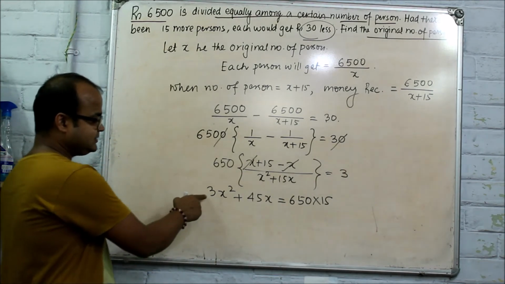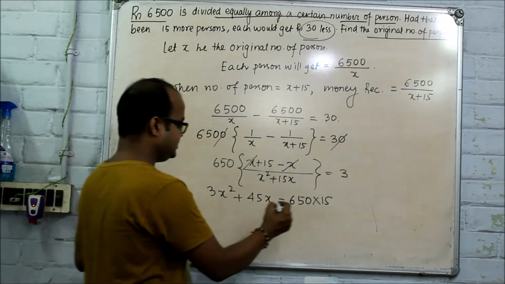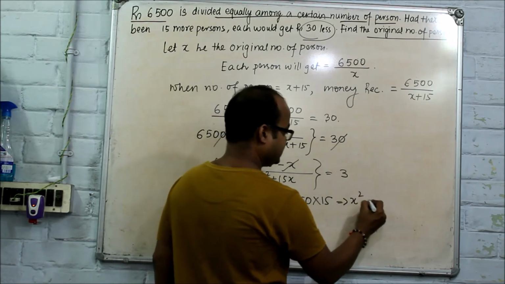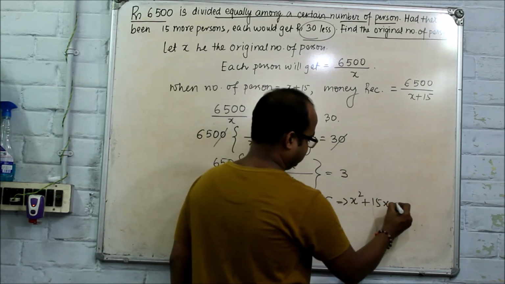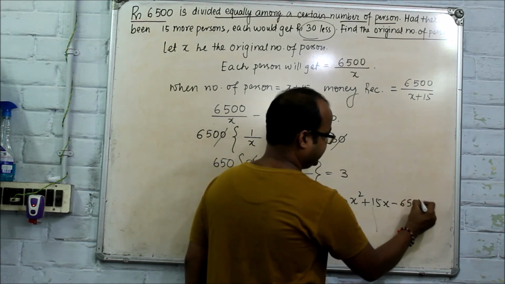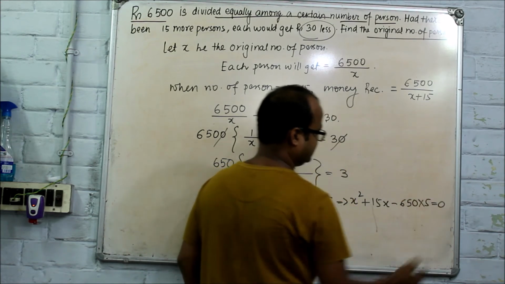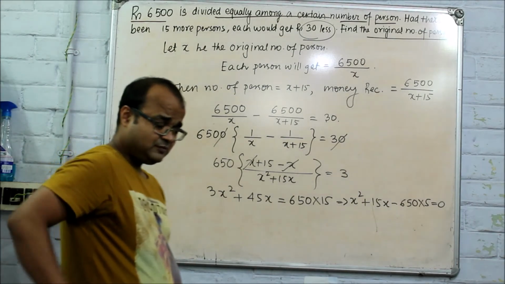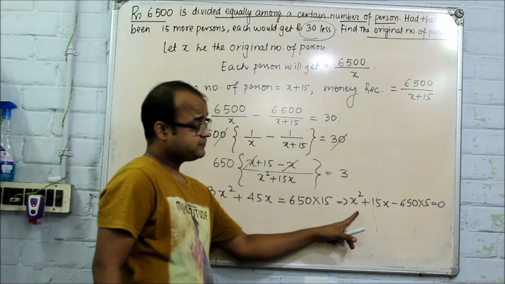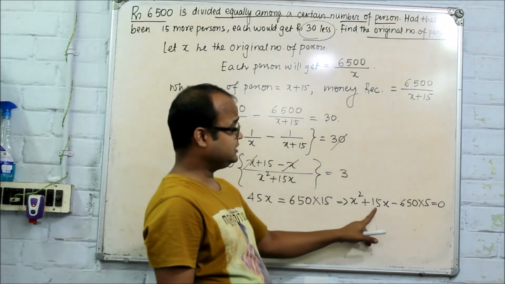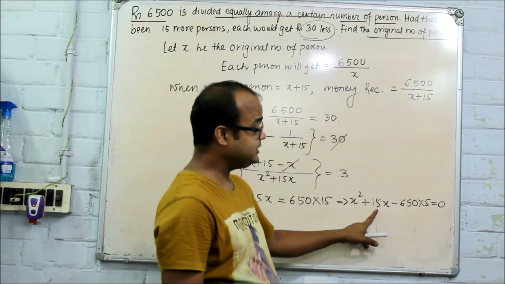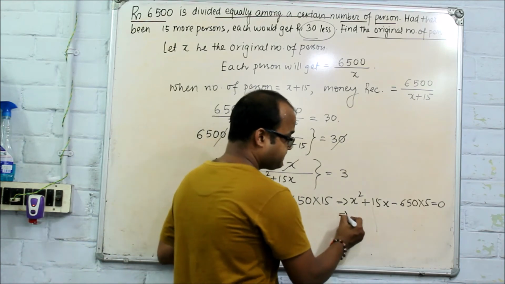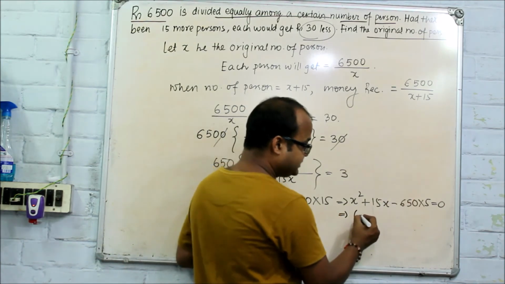Now you can take 3 common from both sides and cancel. So you get x square plus 15x minus 650 into 5 is equal to 0. Now if you apply factorization, then the factors will be 65 and 50, or you can solve it by the formula method.